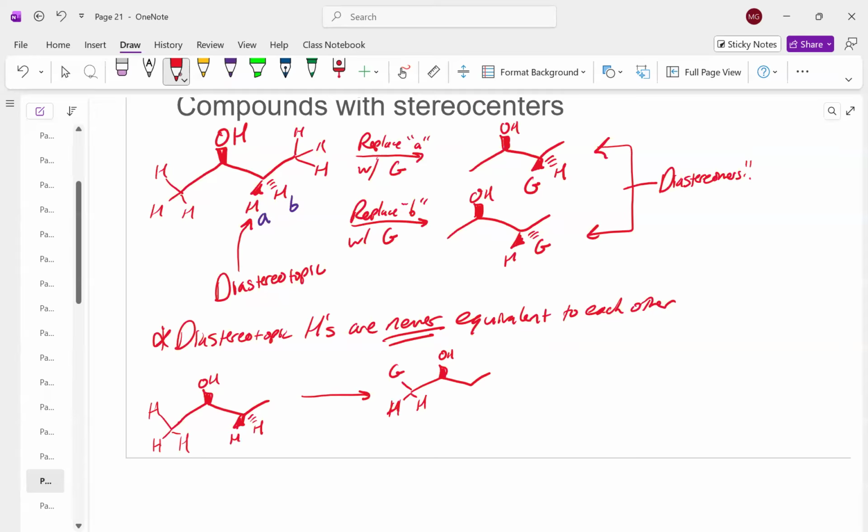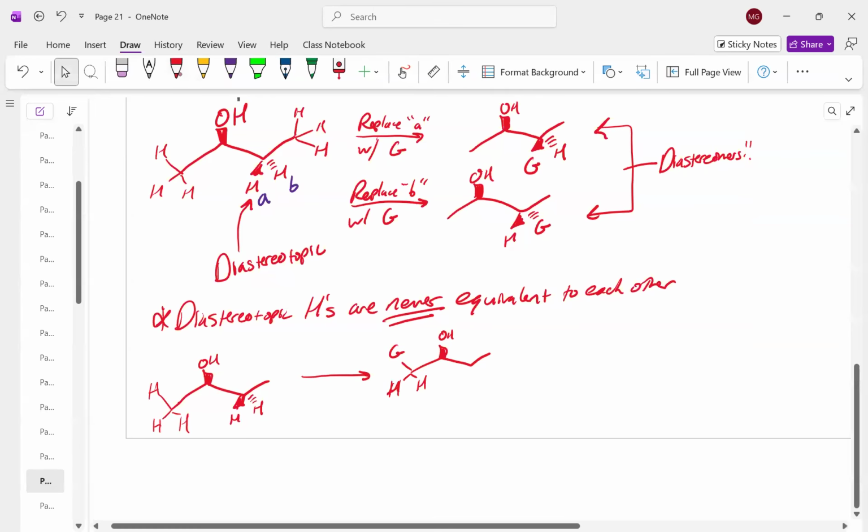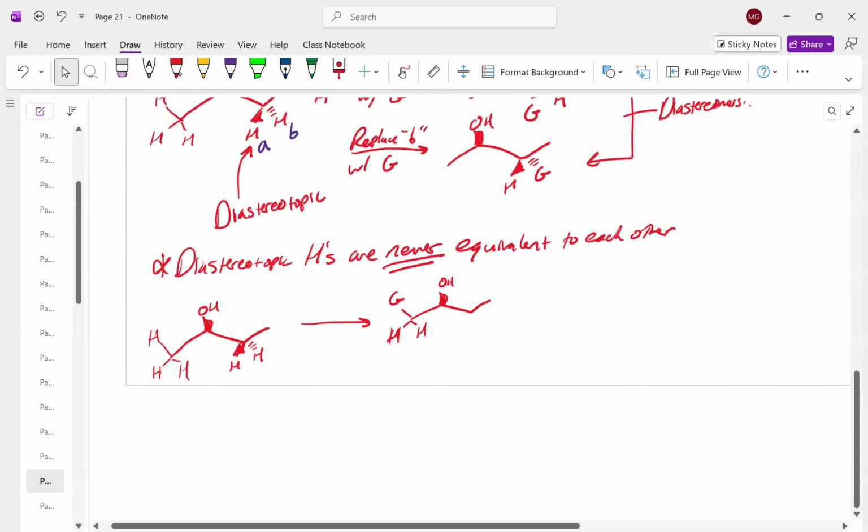And did I make a new stereocenter by doing that? No, it's still not chiral. So I don't really care. I can replace the first hydrogen, the second one, or the third one with a random group, and I still don't make anything new.